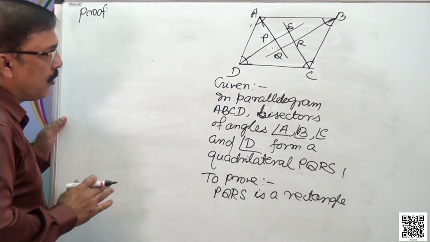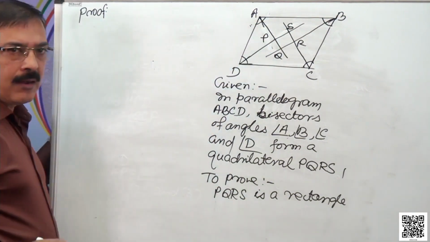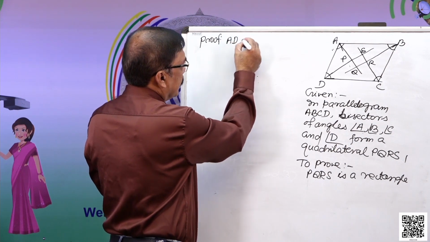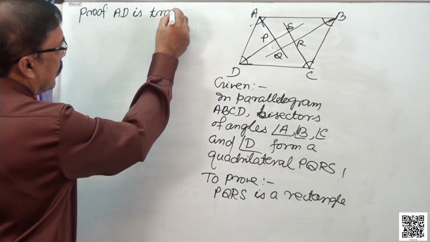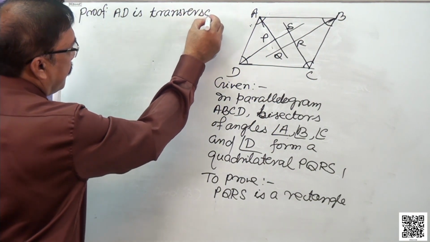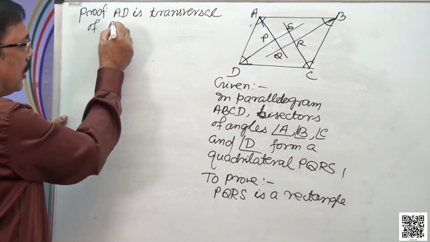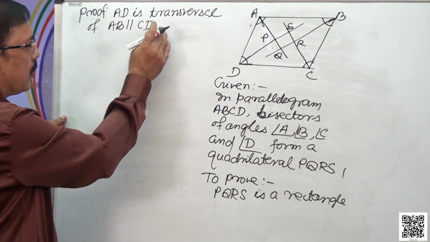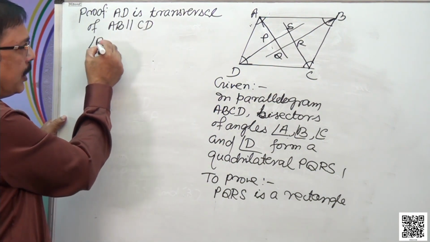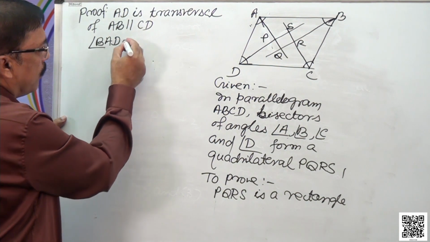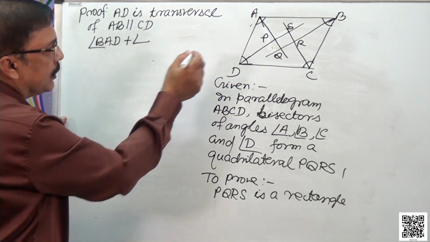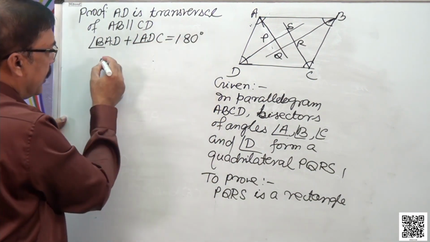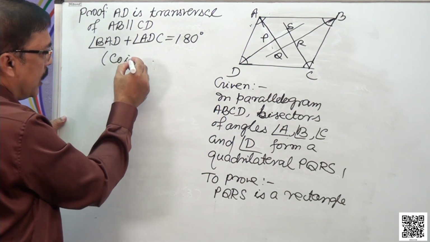So here we will apply the same co-interior property of a parallelogram. So let's write: AD is a transversal of AB parallel to CD, and from this we get angle BAD plus angle ADC is equal to 180 degrees because they are co-interior angles.